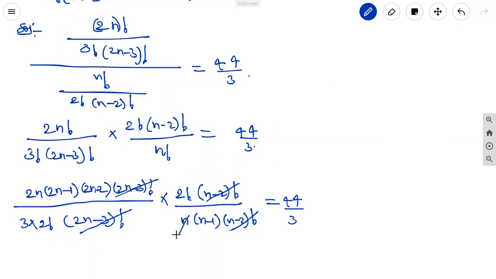And here 1 n cancels, 2 factorial cancels.